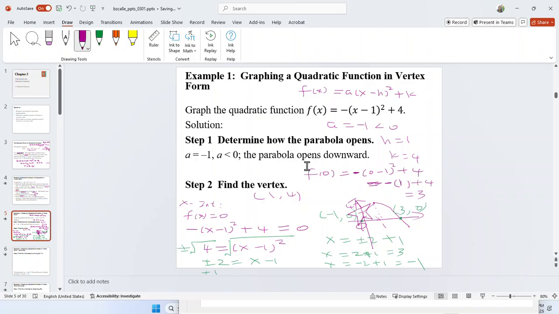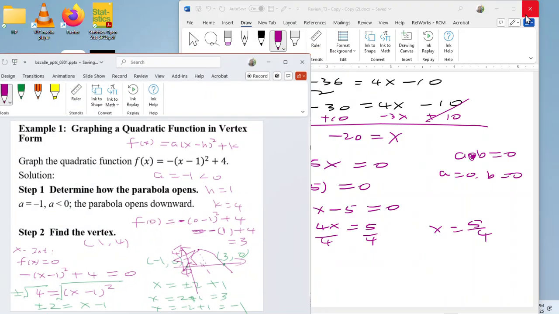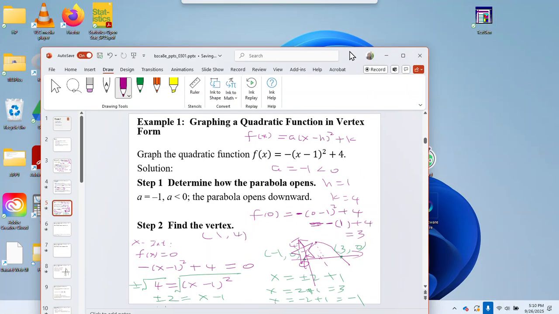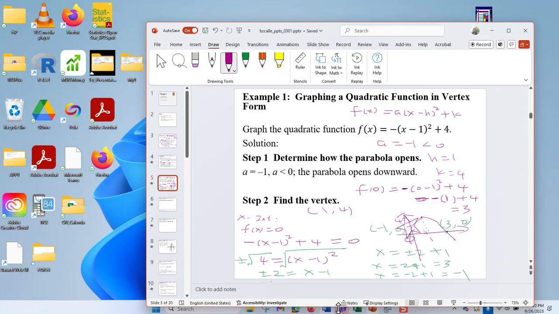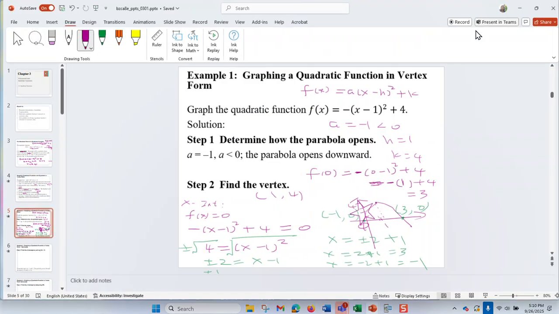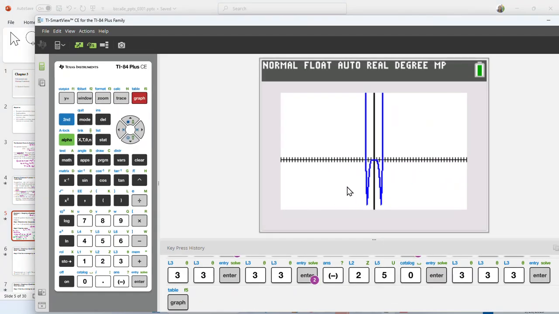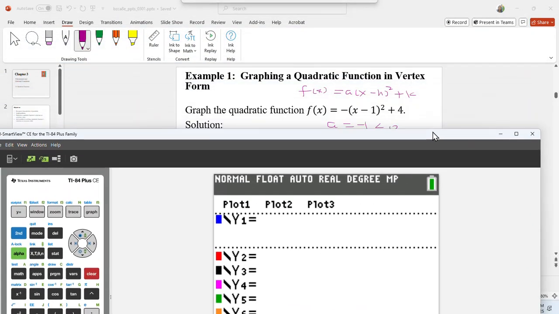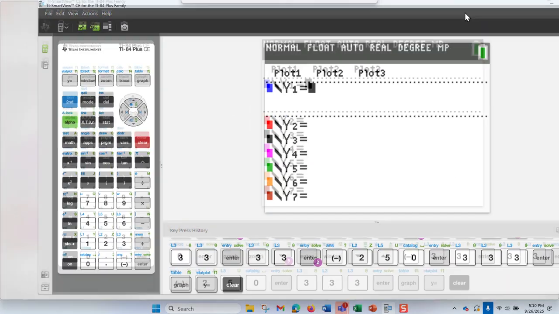All right, so we can put this whole thing into the calculator and check that. We have a negative.